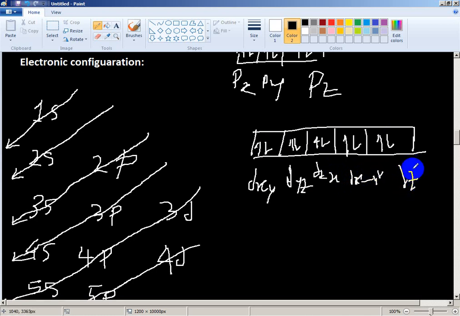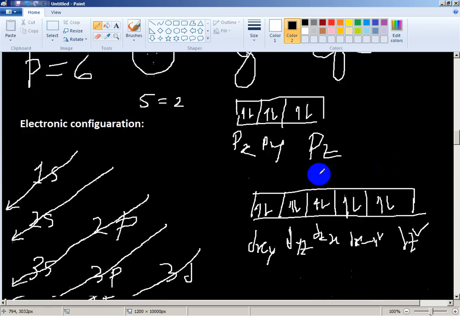I'll show the shapes in another class. So how many total electrons can the d orbital occupy? 10. Each has 2 electrons, so 10 electrons can occupy the d orbitals.